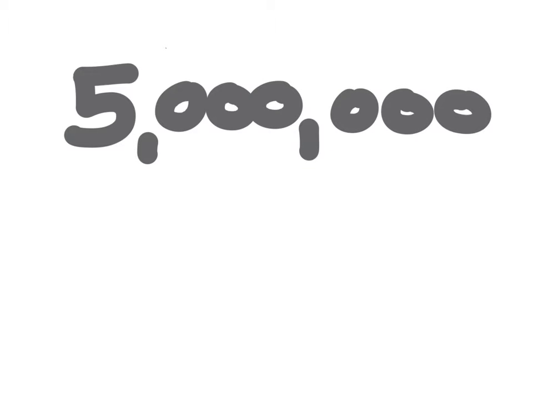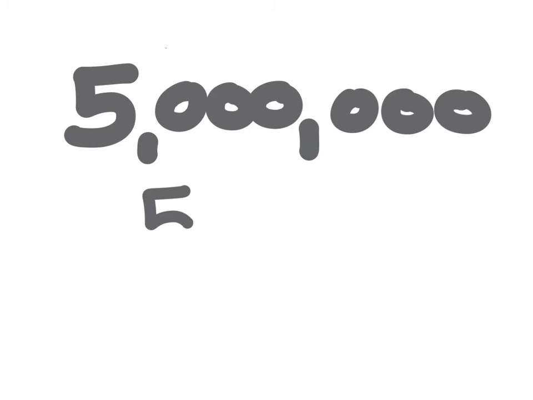Powers of 10 are very useful when we want to write very large numbers, especially numbers with a lot of zeros. I could write the number 5 million in standard form. I can also write it using a power of 10.